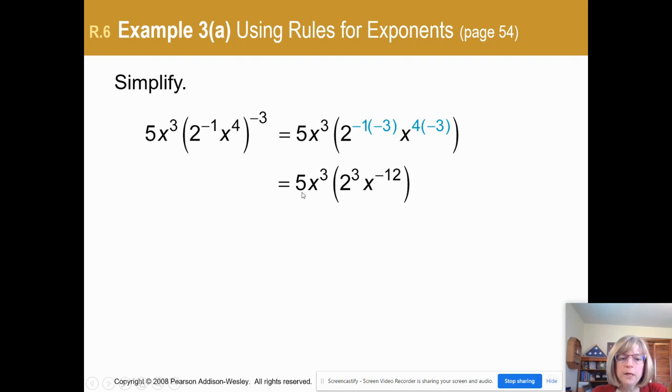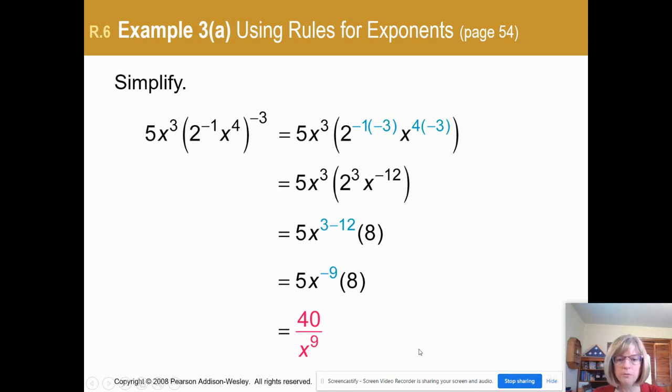So what I need to do next is combine my coefficients, 5 and 2 to the 3rd power, combine this x to the 3rd with this x to the negative 12. Now the rule for my exponents on the x's tells me to add these. So I have 3 plus a negative 12. 2 to the 3rd is 8. So I'm eventually going to multiply the 5 and the 8 together. X to the negative 9, we want to make sure that 9 is in the denominator of our fraction.